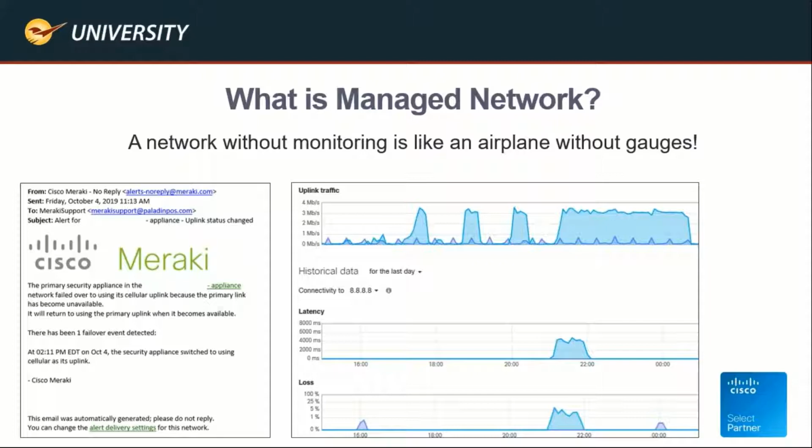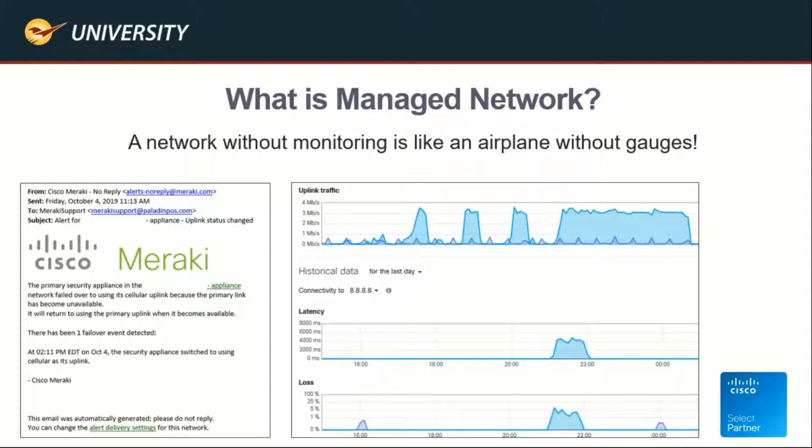At the bottom of the screen are some technical metrics for the internet circuit, so latency and packet loss, so we can actually see the health of the internet circuit. If there's a problem with the health of the internet circuit, we can have a conversation with the ISP on your behalf and try and get that corrected.